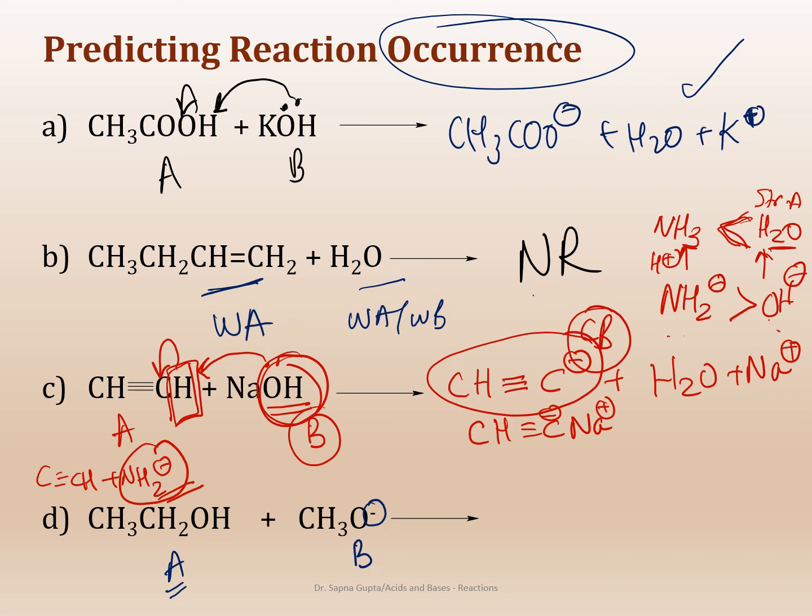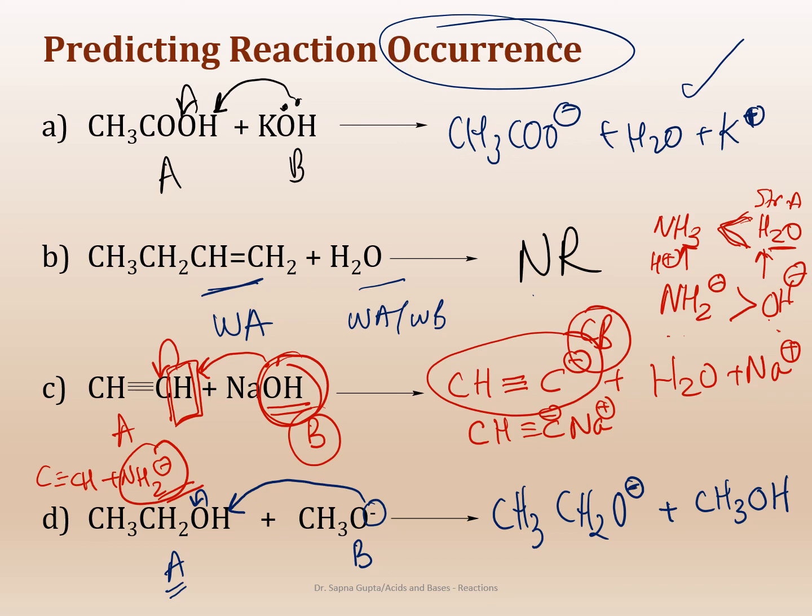Here is my negative, which means this is going to pick up this proton because this is the acidic proton, and then this is the reaction. So CH3CH2O minus, and then the CH3O minus picked up a proton, so you have CH3OH. And if you're thinking, oh my God, I have a minus, where is my plus? You're absolutely right.